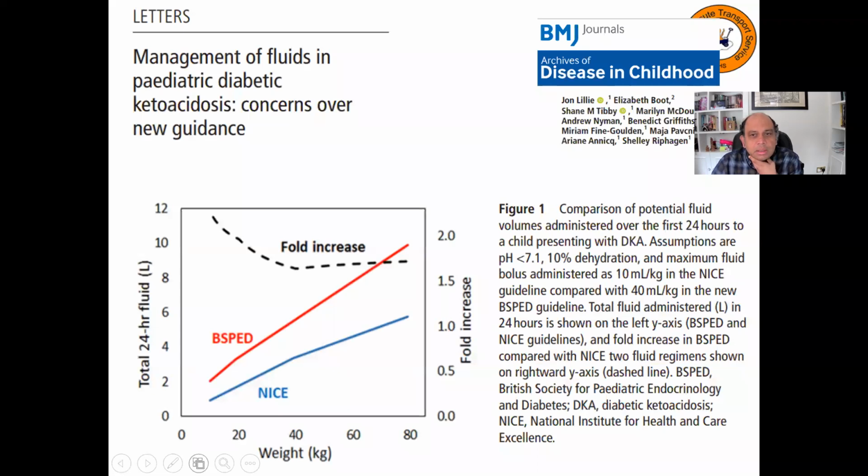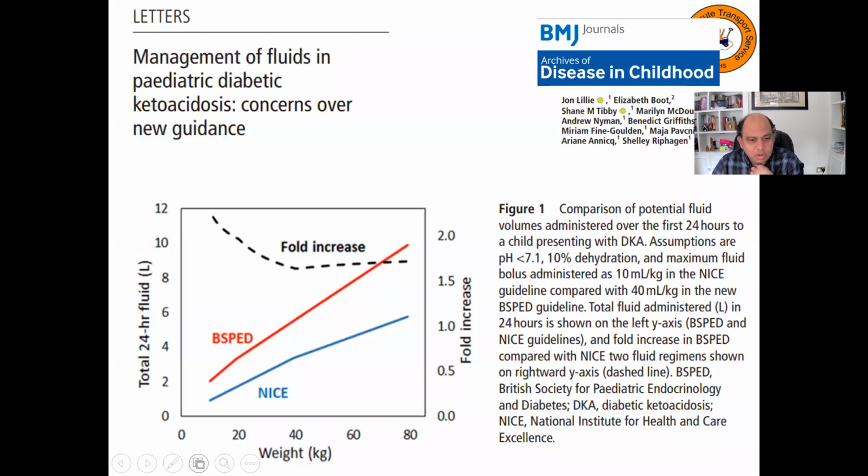Thanks, Linda. This has clearly caused a lot of controversy. And as you can see here, fluid management has now become a point of discussion. This is a letter that was sent into the archives a few weeks ago, in fact, from the South Thames Retrieval Service group from Evelina, who compared what the BSPED guideline would recommend, what the NICE guideline would recommend in terms of total fluid for different patient weights.